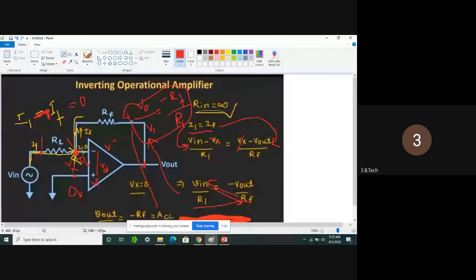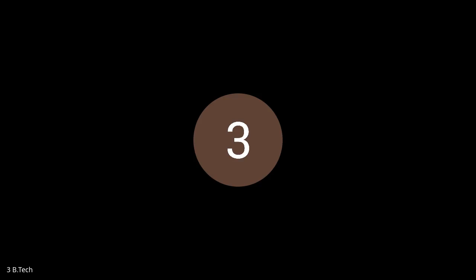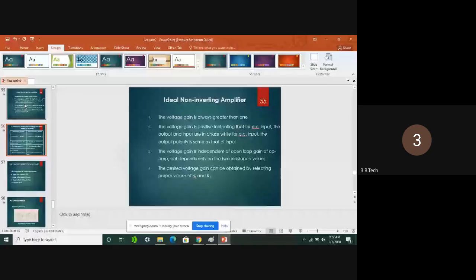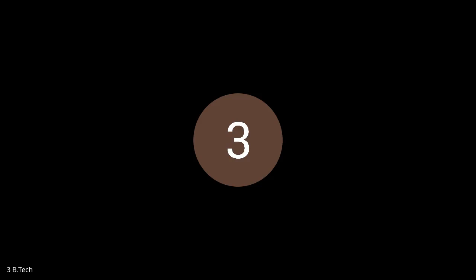In our PPT we have seen the gain of the inverting amplifier and the gain of the non-inverting amplifier. The voltage gain for an ideal inverting amplifier is always minus Rf by R1, where Rf is the feedback resistance and R1 is the resistor connected at the source terminal, the input terminal.